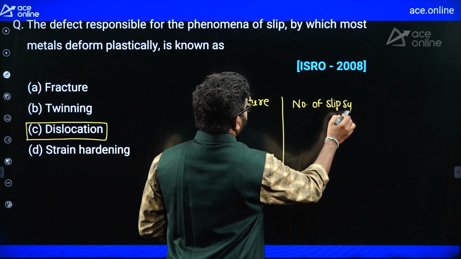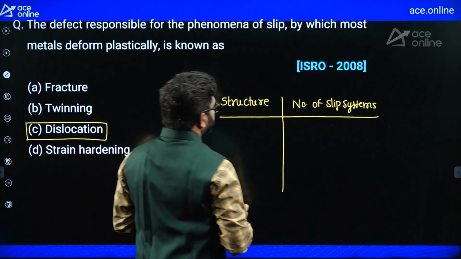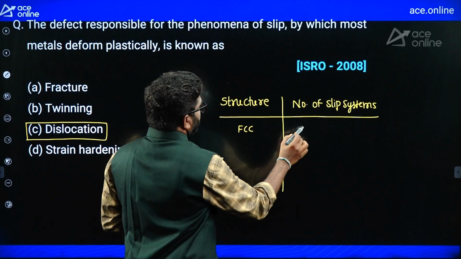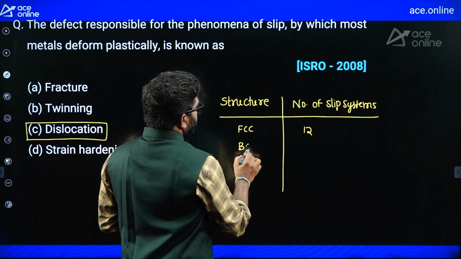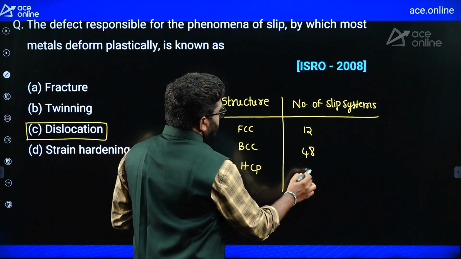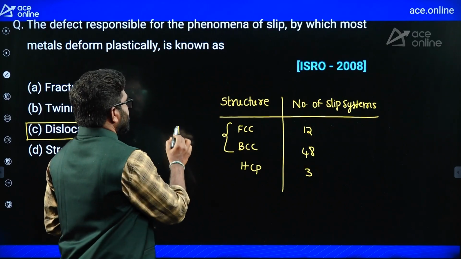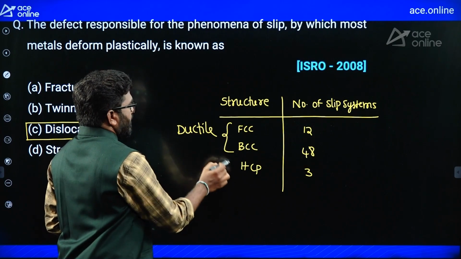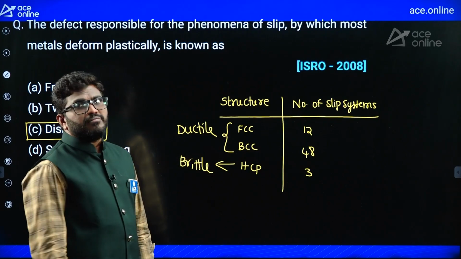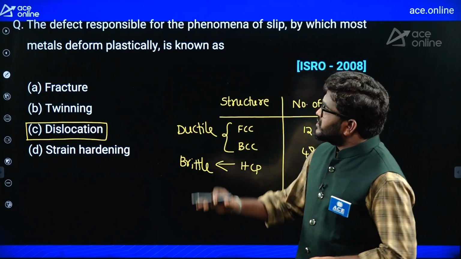For FCC structure, the number of slip systems is 12. For BCC structure, 48. For HCP structure, only 3. So BCC and FCC metals are ductile and HCP metals are brittle, because they have fewer slip systems. So the main defect responsible for deformation is dislocation.